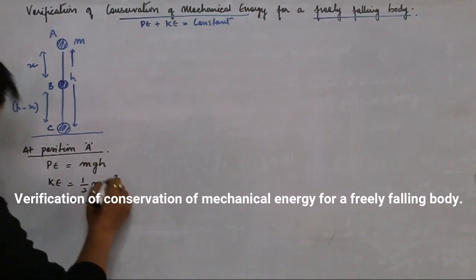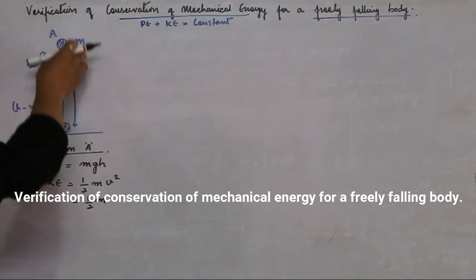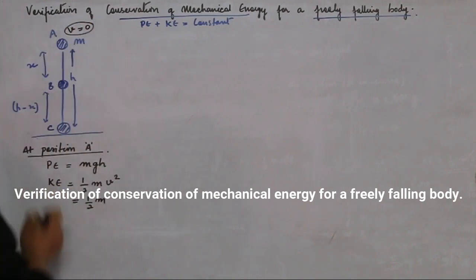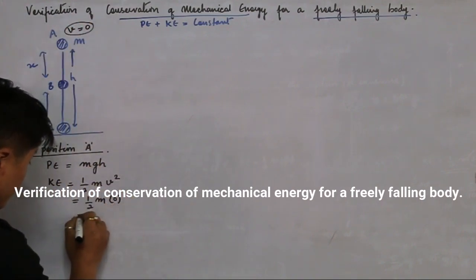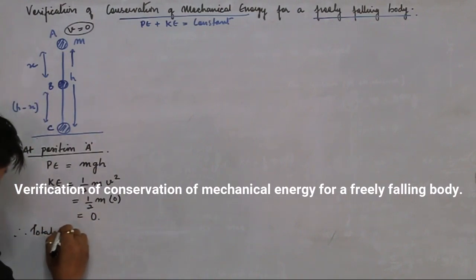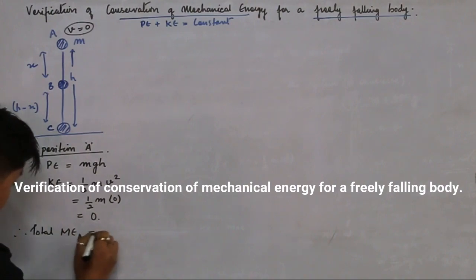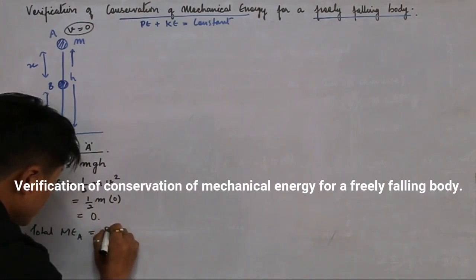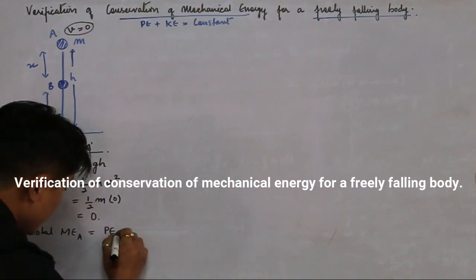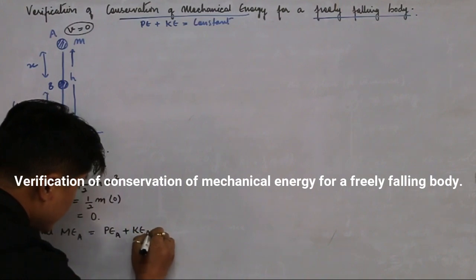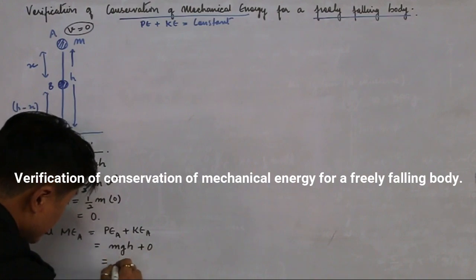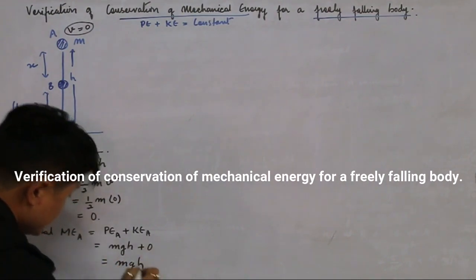Initially when the body falls, the velocity will be 0. Since the velocity is 0, the kinetic energy will be 0. Therefore total mechanical energy at A is potential energy at A plus kinetic energy at A, which is equal to mgh plus 0, which is mgh.